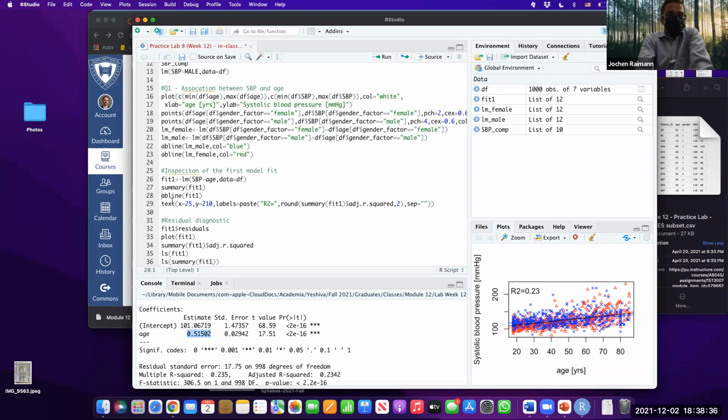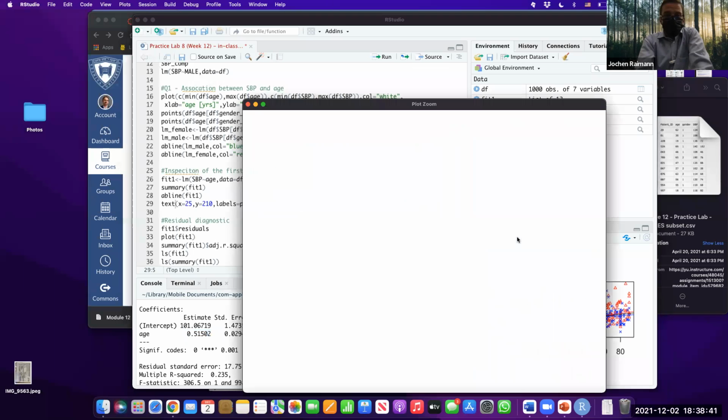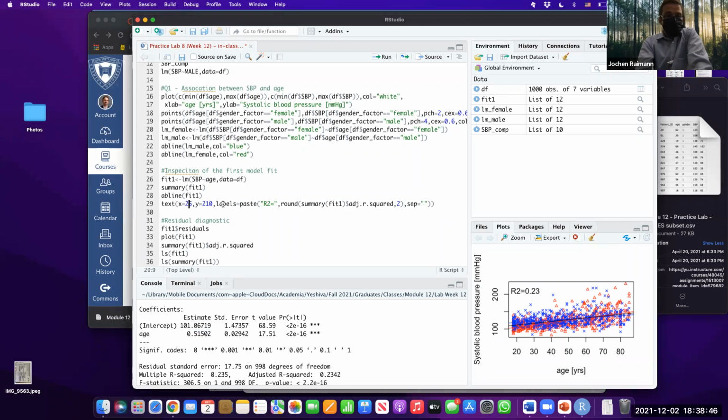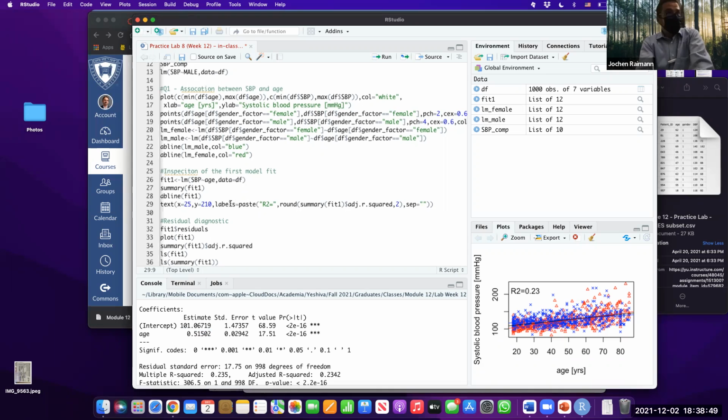And now we want to show on our plot that R squared, and this is being done with the text function. So text essentially allows you to show on the plot field whatever parameter you want to show. So we want to show R squared, which is essentially at the spot x 25, y 210. So this is how you position it on your plot, using the same coordinates that you would have for a point. With labels, you can basically paste whatever you want to paste.